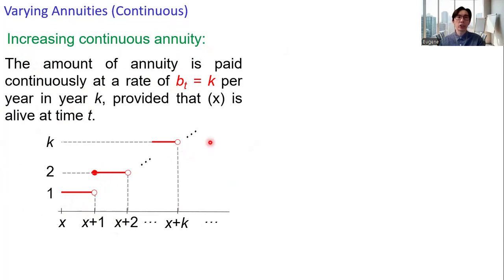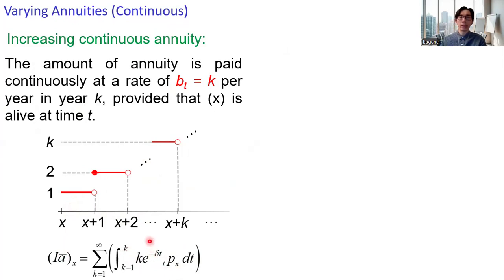The actuarial notation for annually increasing continuous annuity is I A bar x. And then we sum up the actuarial present value of each payment. Within any given year, the payment is continuous, so we use an integral to get the actuarial present value within that year. So we have the integral.